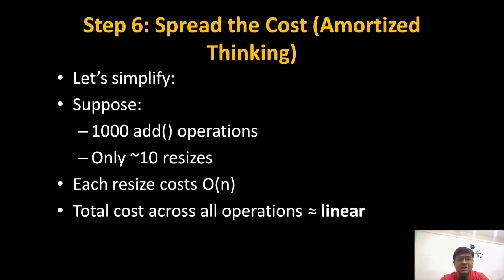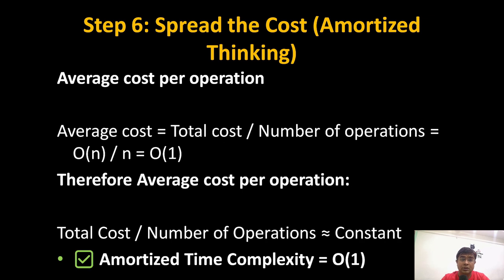If you simplify this, you have 1,000 add operations and only about 10 resizes. So the total cost of all operations is linear. Now we need to analyze the average cost.